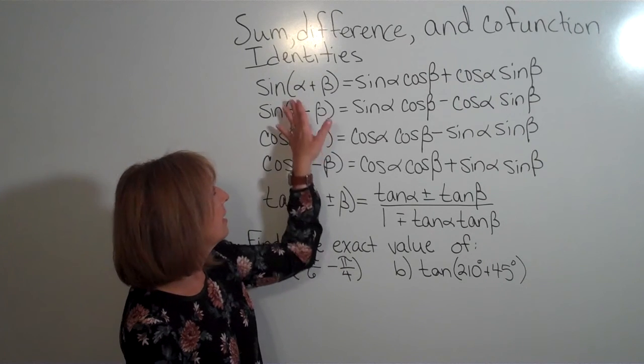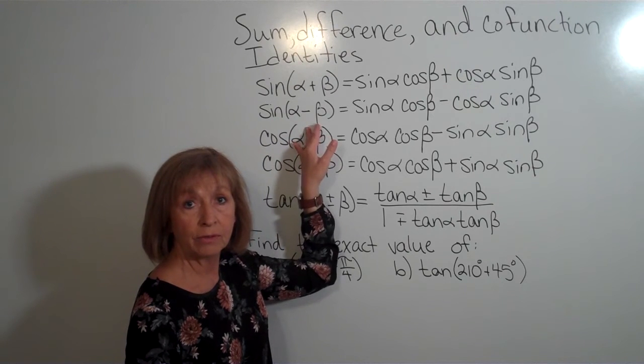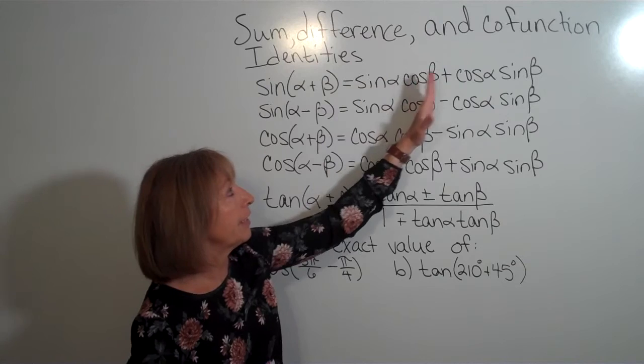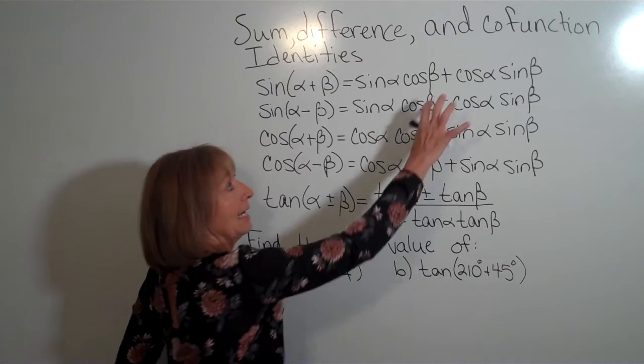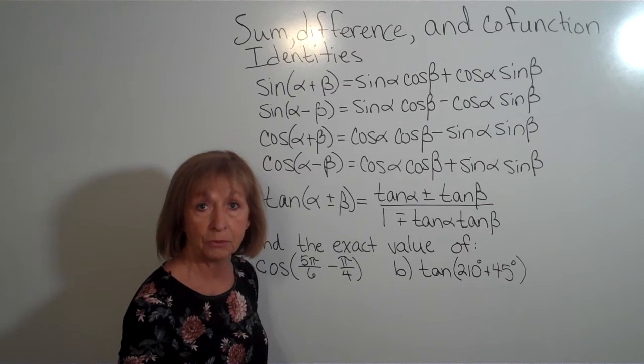Now notice the sine of the sum of two angles and the sine of the difference of two angles, sum when it's added, difference when it's subtracted, are very, very similar to each other. In fact, the only place they differ is whether there's a plus or a minus between.